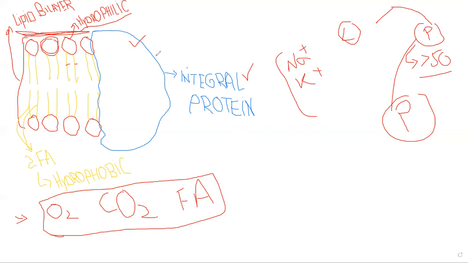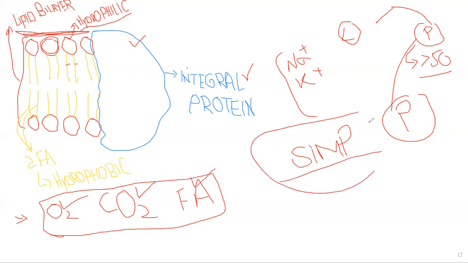The movement of a substance from a higher concentration to a lower concentration is called simple diffusion. So O2, CO2 and fatty acids can move through the cell membrane by simple diffusion.